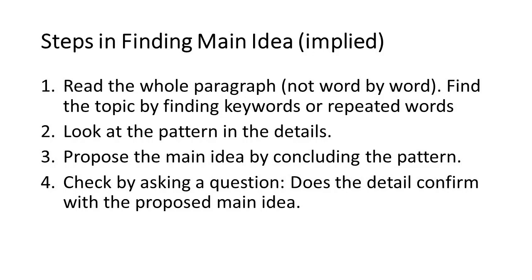We can find it by reading the whole text, but of course do not read word by word because it doesn't save time. The next one, you need to look for the pattern in the supporting sentences. You need to underline or make some points which you consider important in the paragraph.